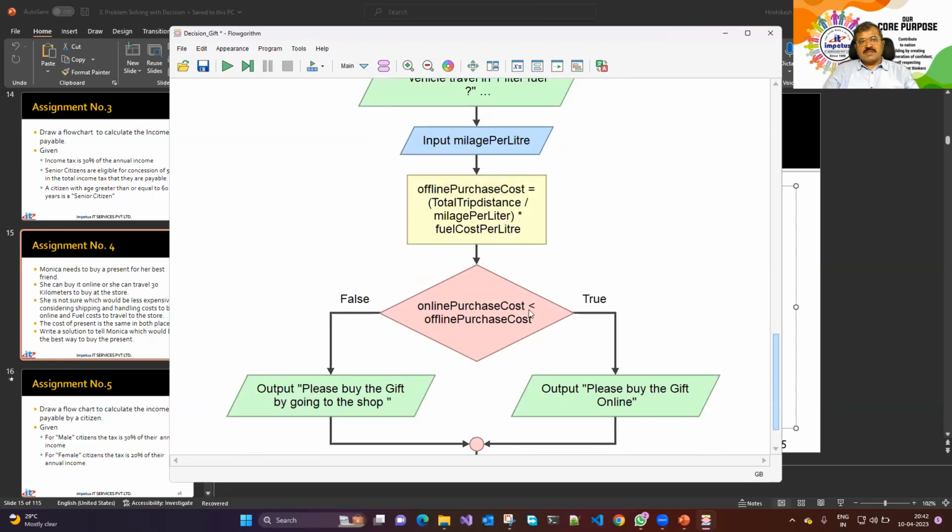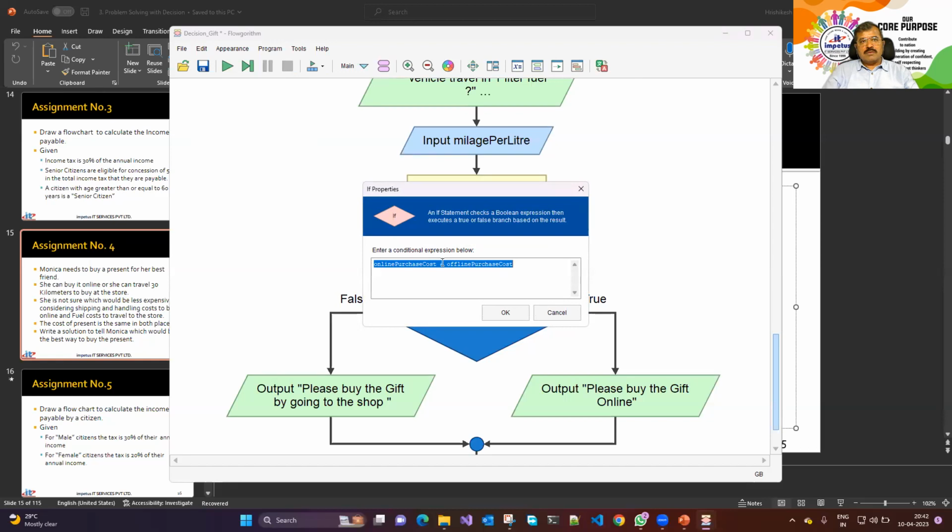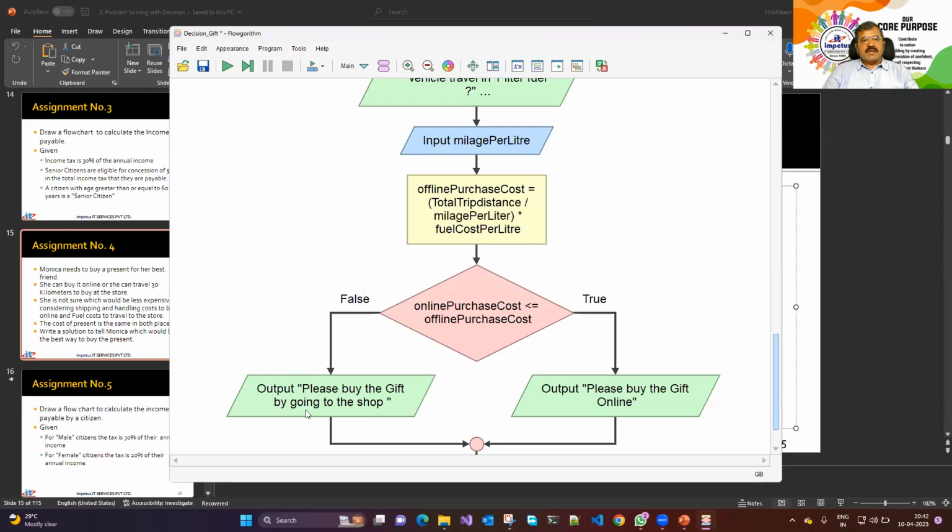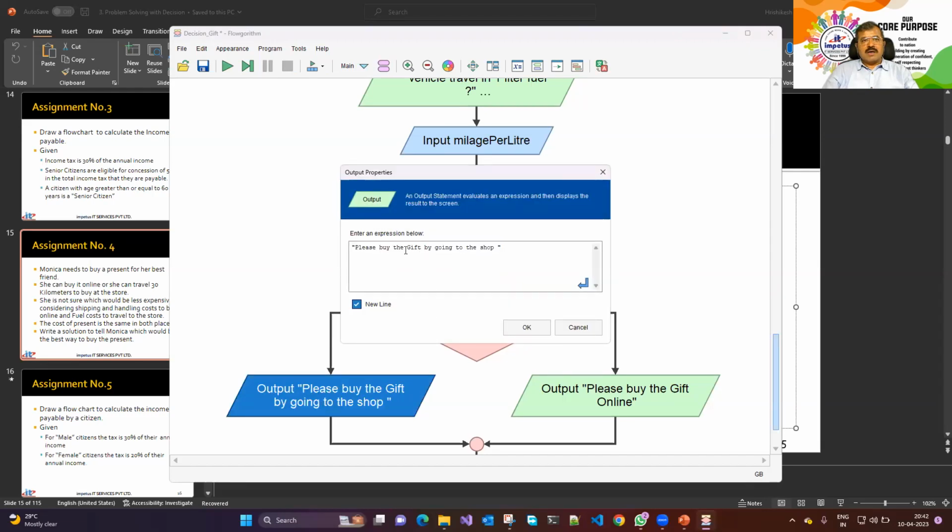If online purchase cost is less than or equal to, even if it's equal, why travel unnecessarily? Please buy the gift online.